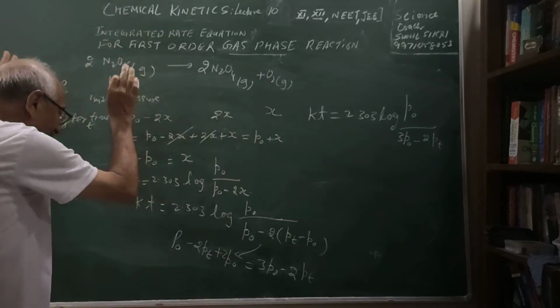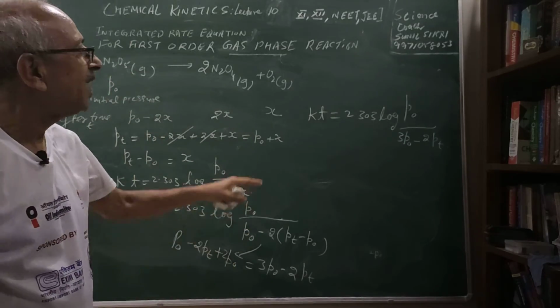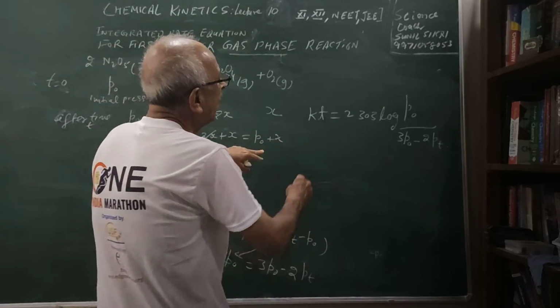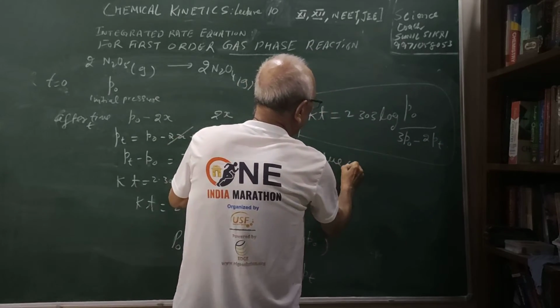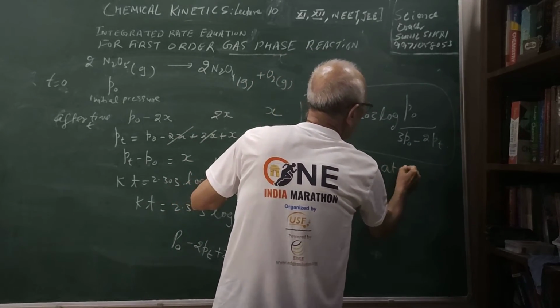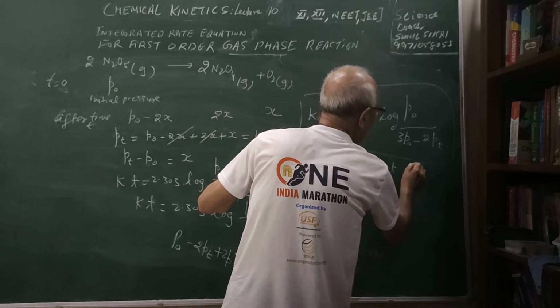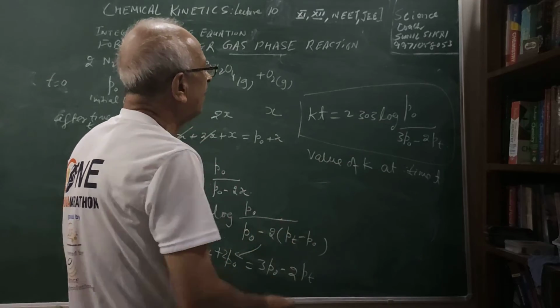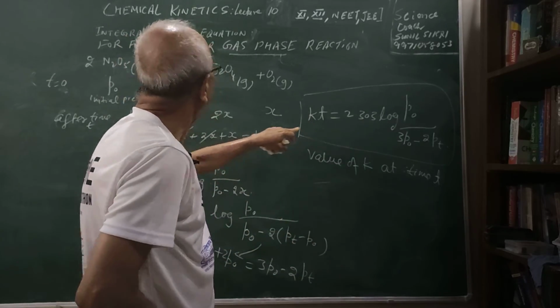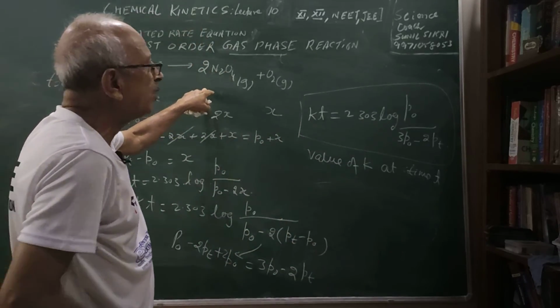So depending on the question given in the paper, the equations will have to be derived, and then we can find the value of k at time t. By using this equation, we can find the value of k, the rate constant, and this was the decomposition of N2O5.